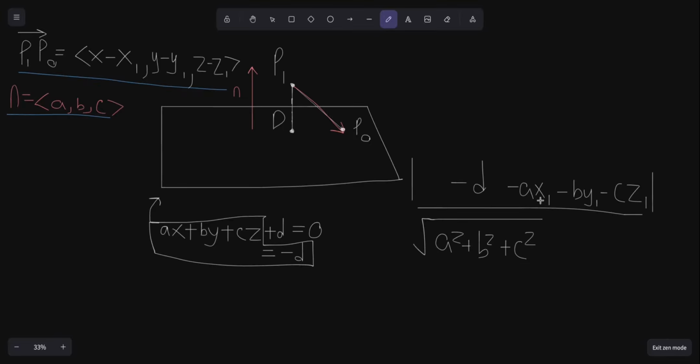Okay, we can factor out a -1 from everything. And once we factor out the -1 from everything, then that's just the magnitude of -1 times the positive sum of these terms. And so ultimately, what we get is d plus ax1 plus by1 and then plus cz1. Okay?